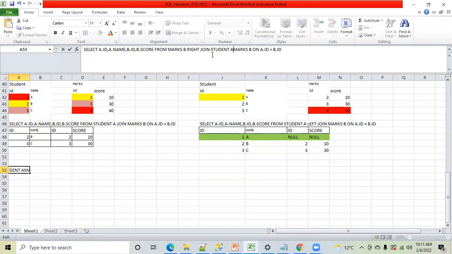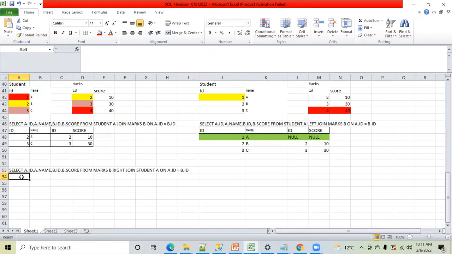Can you please help me with the output of this query? Same as the previous query? Okay, so the output of this will be the same as the right join one.